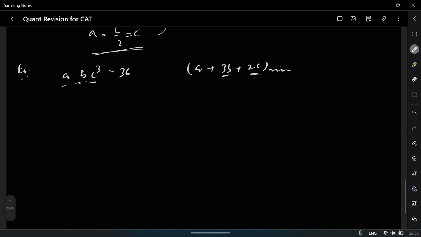Since A has power 1, and A has coefficient 1. For B, since B has power 1, we have to include only one term, 3B. C has power 3. That means we have to include three terms using C.